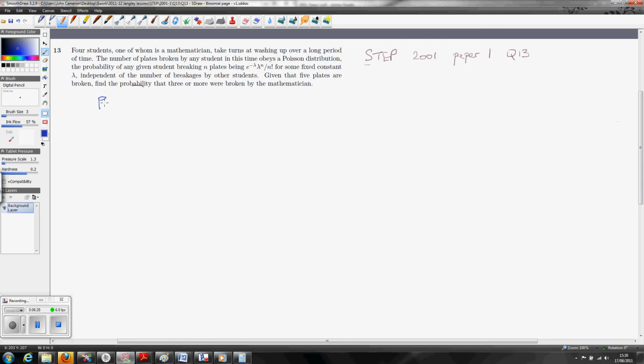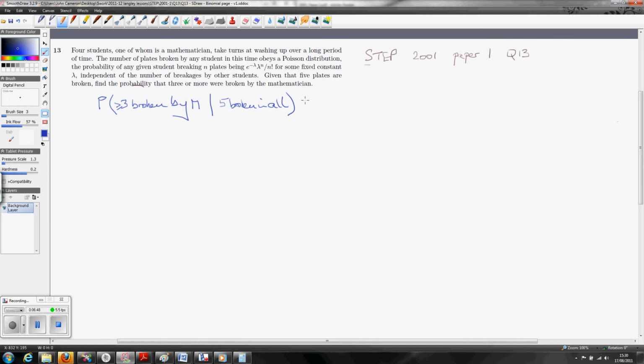Let me start with the probability that 3 are broken by the mathematician, M, are greater than or equal to 3, given 5 broken in all.